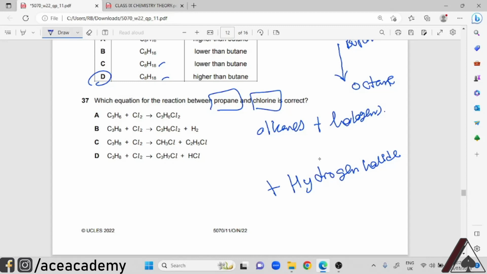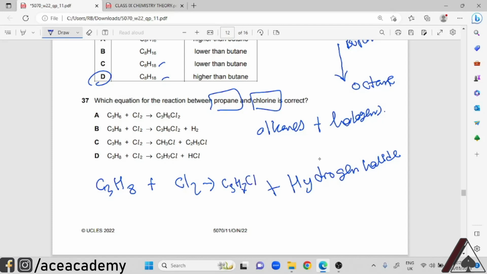So we know that in a propane we will originally have 3 carbon atoms, and then we'll have 8 hydrogen, and this will give something like C3. The number of carbon atoms remain unchanged, and one of the hydrogen atoms will be displaced, so it will become 7, and in place of the hydrogen we'll have a chlorine atom.